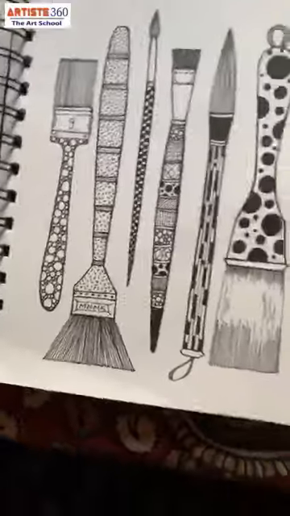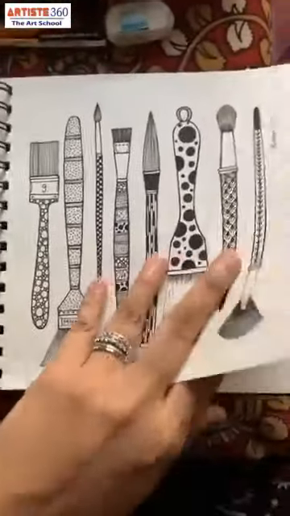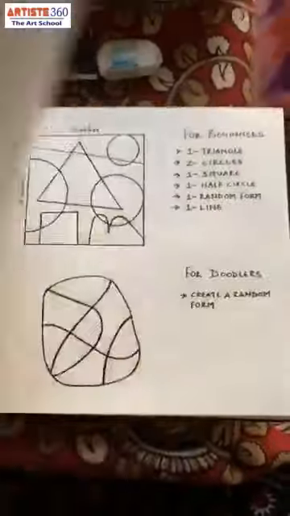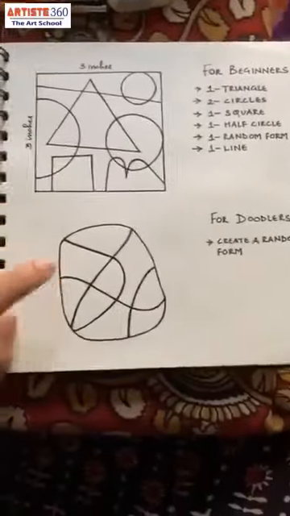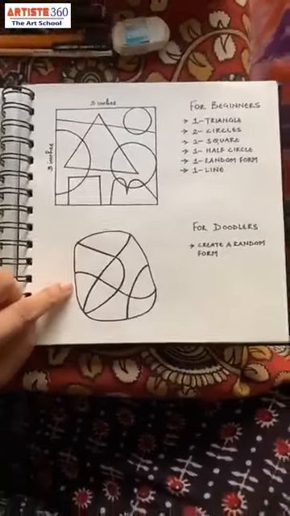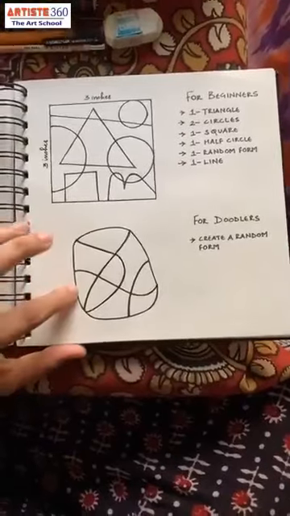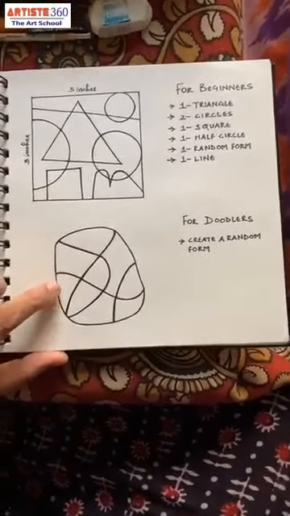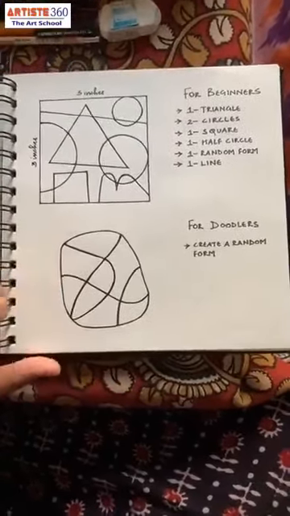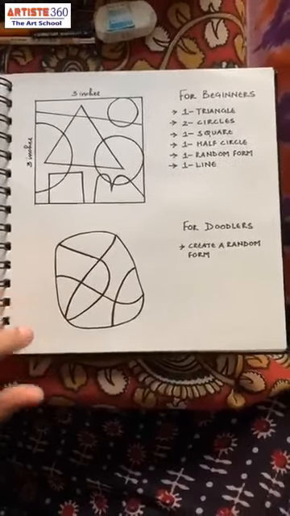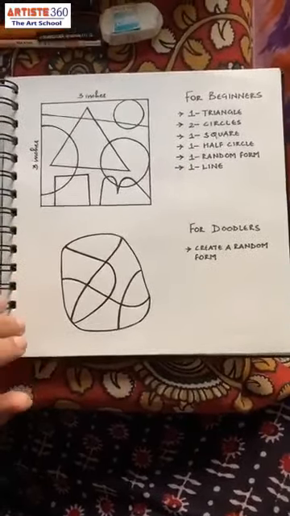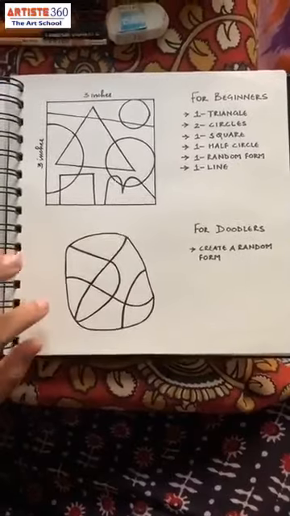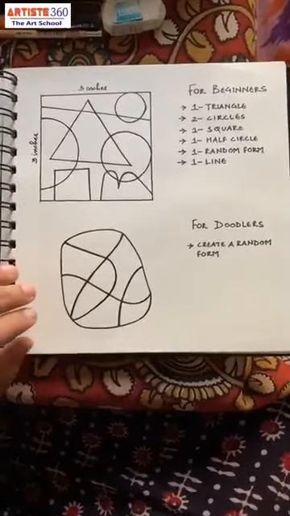So now for the beginners, I've already told you all to create a form like this. I want to talk more about this. For doodlers, why it is necessary to initially begin with formless forms is because you get a hang of your textures. Also, you understand how a form develops. It's very important to learn distortion if you're an artist and if you want to become an artist.